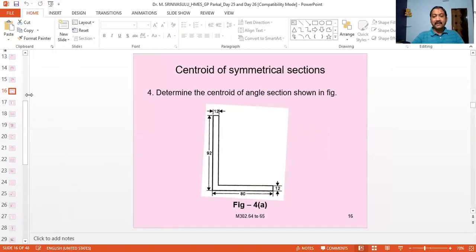So now take down this problem. Determine the centroid of an angle section shown in the figure.